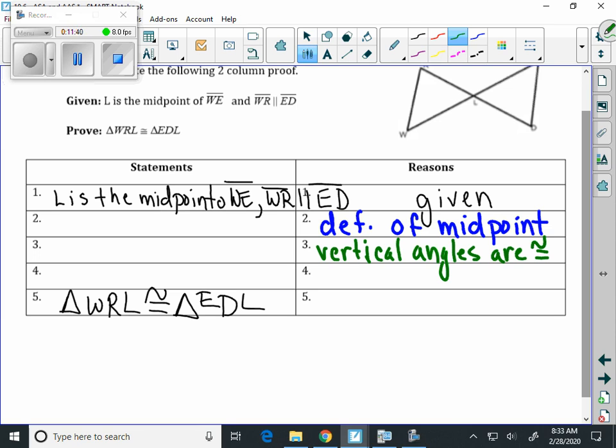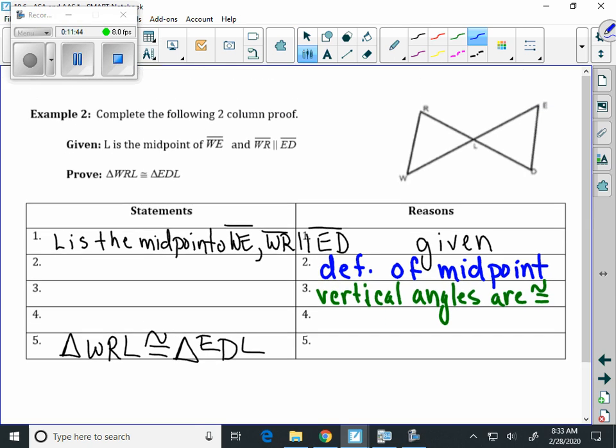So that's good news. Let's go back and look at definition of midpoint. And here is our point right there. It says L is the midpoint of WE. We already have the reason, so let's put in the statement. And what we know is that WL is congruent to EL because that is the definition of midpoint.